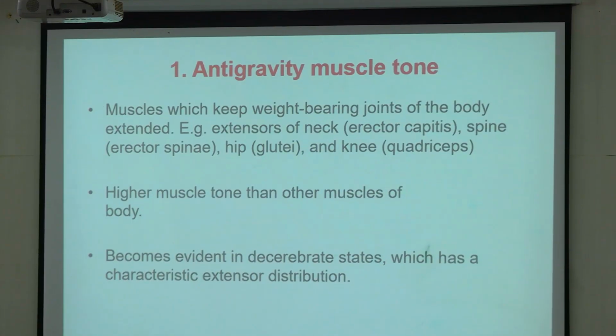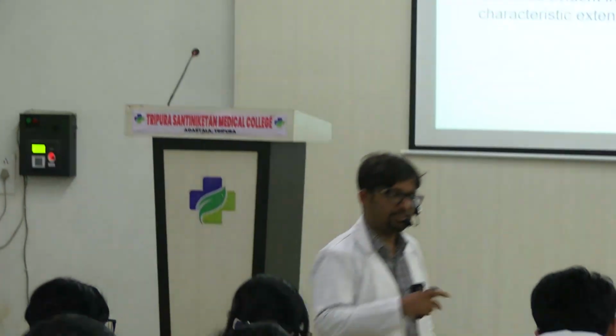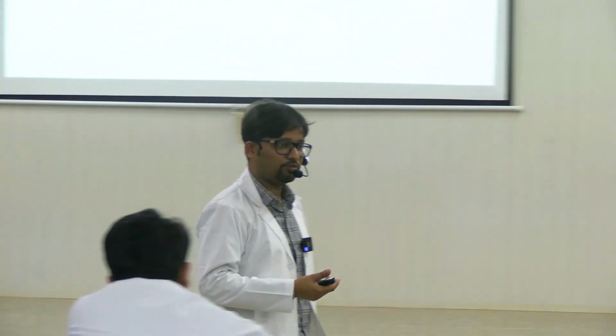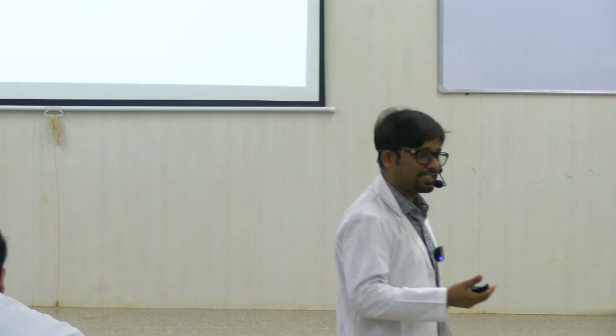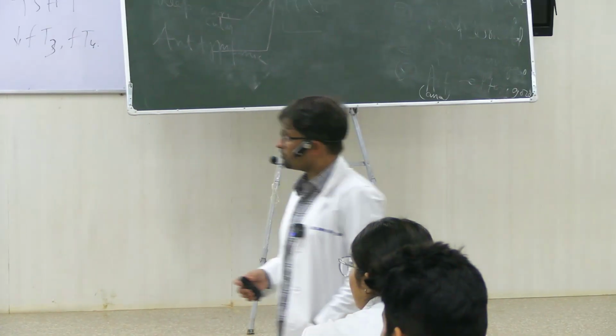The upper limbs were extended, lower limbs are also extended. Why? Why not the flexors? Because naturally in the body there is a predominance of the extensors, right? Tone of the extensor is slightly more than the other group of muscles.